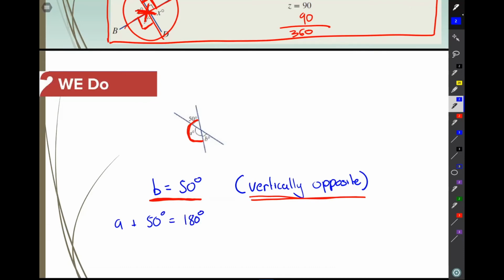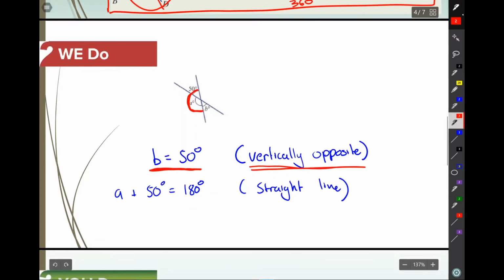And even when we write down something like this, it's good to say why we know that. And now we can do our equations trick to get A by itself and figure out how big A is. 180 minus 50 is 130.